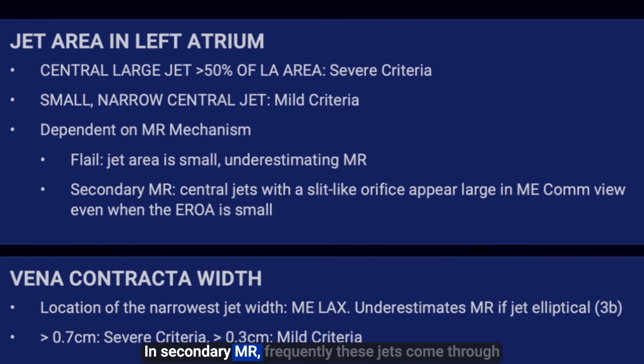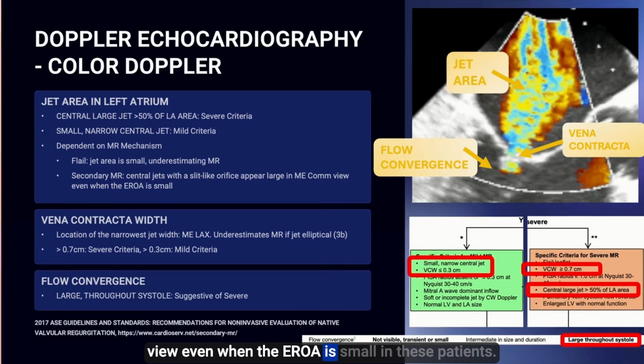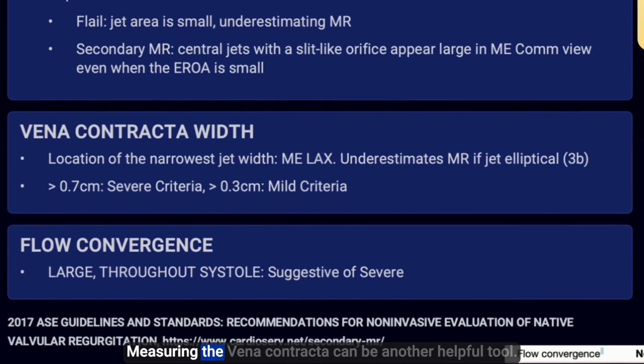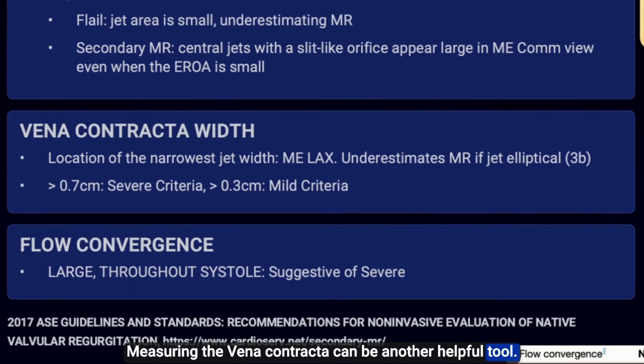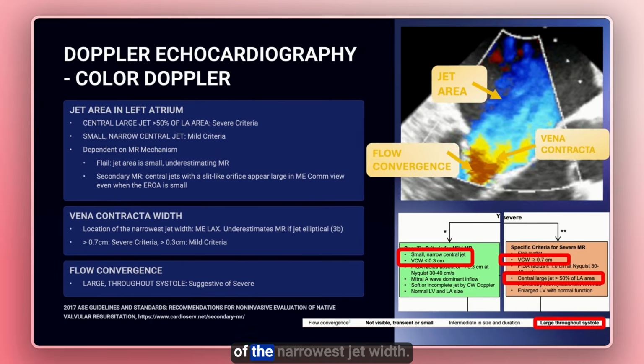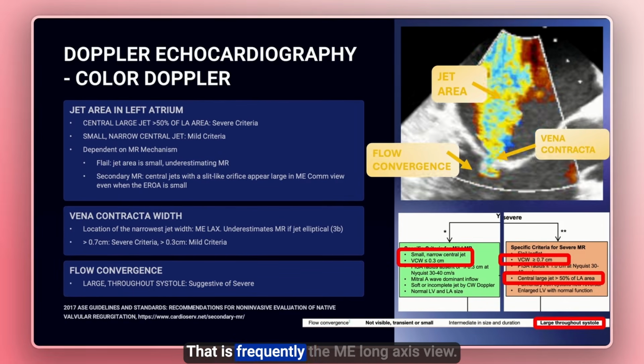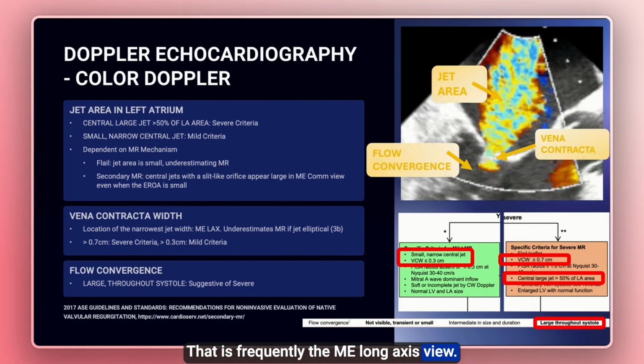In secondary MR, frequently these jets come through a slit-like orifice that appear large in a mid-esophageal commissural view, even when the EROA is small in these patients. Measuring the vena contracta can be another helpful tool. You want to do this at the location of the narrowest jet width. That is frequently the mid-esophageal long axis view.